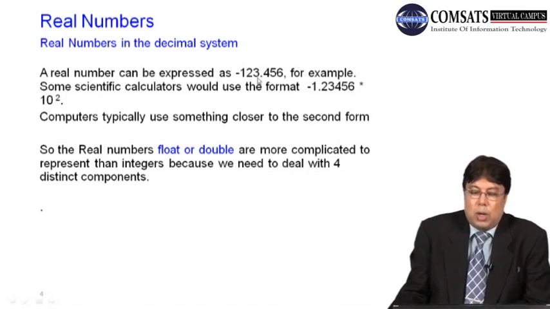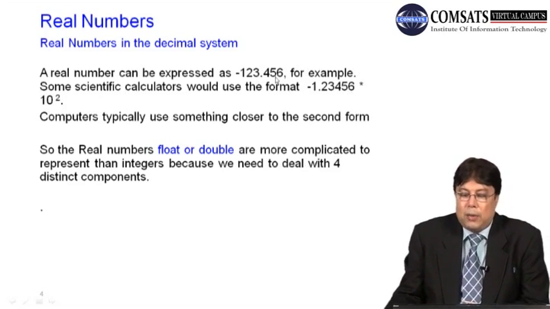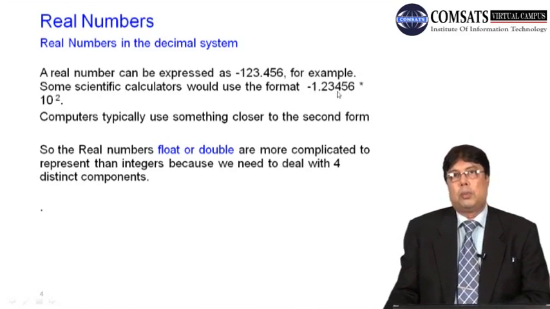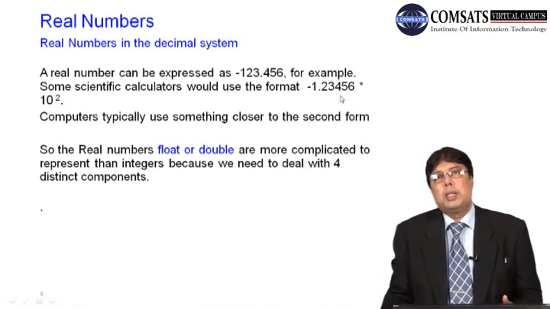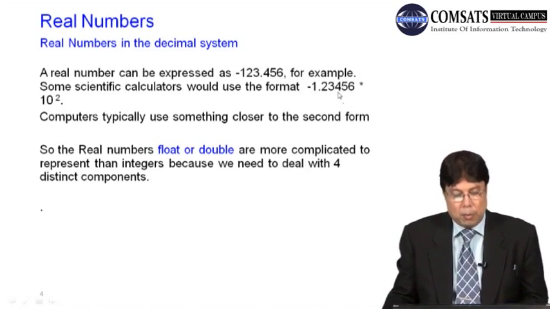Since we have moved it 2 places left, we multiply the number by the base 10 to the power 2, and then the decimal point comes back to its original position. So this is one way of representing real numbers.